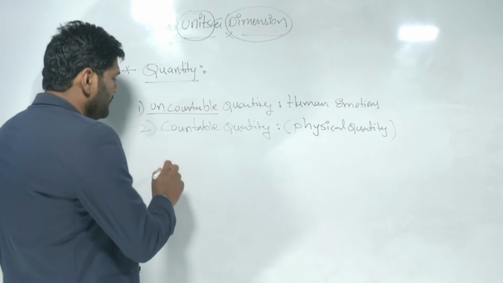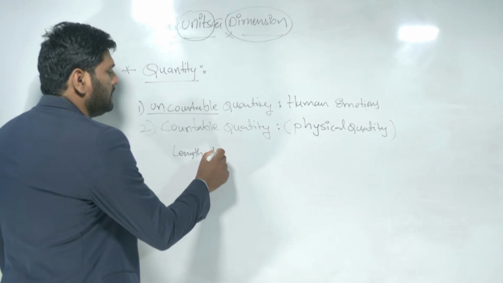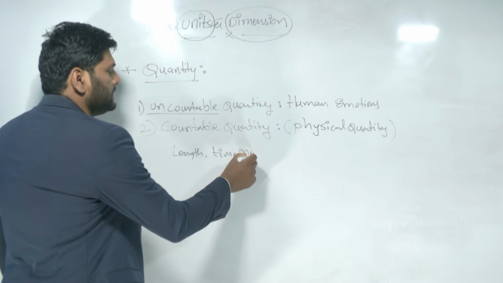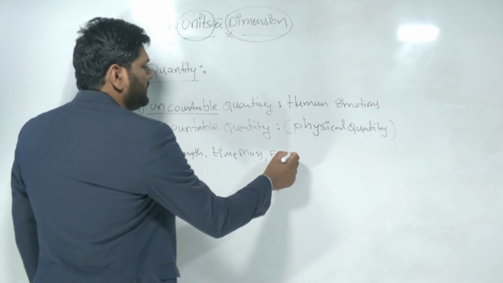So tell me some examples for physical quantity. The examples for physical quantities are length, time, mass, force, energy.